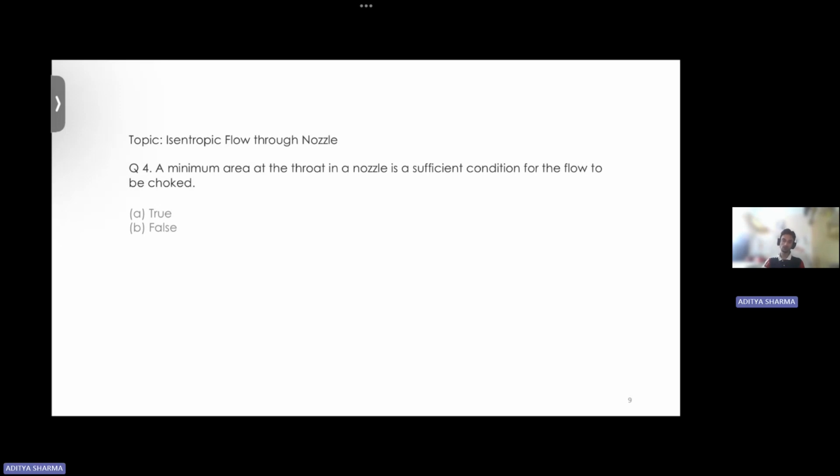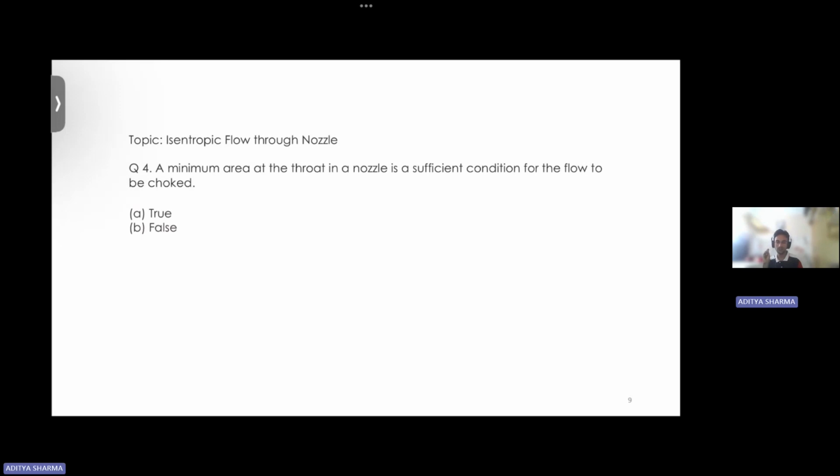So if we have some flow in a nozzle, and in any case we have some minimum area, the throat area, is the flow going to be choked?